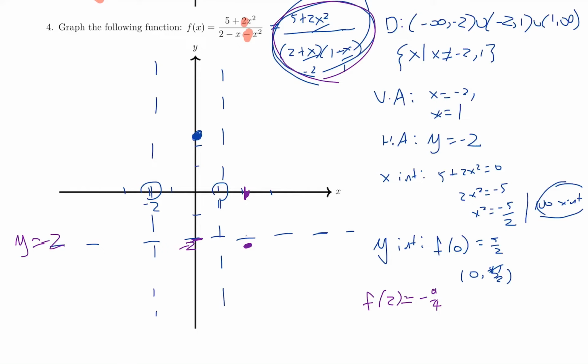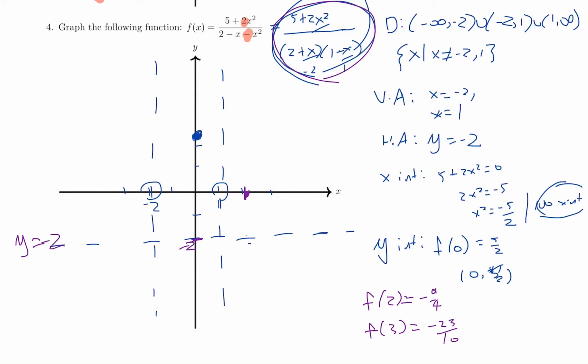Then let's also find f of 3. f of 3 will give me negative 23 over 10. So actually for f of 2, I think I made a calculation error.